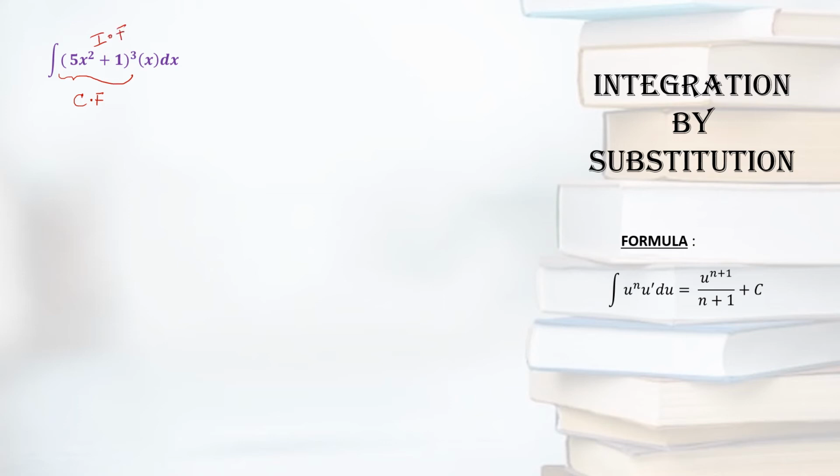And in the u substitution method, we always name the inner function as u. So we will write here u equals 5x squared plus 1. Now take the derivative with respect to x. So du over dx equals 10x, and the derivative of 1 is 0. Bring the dx on the other side. So du equals 10x dx.